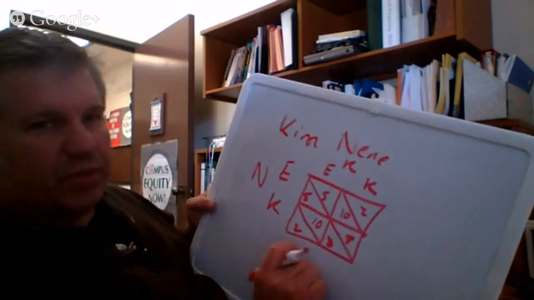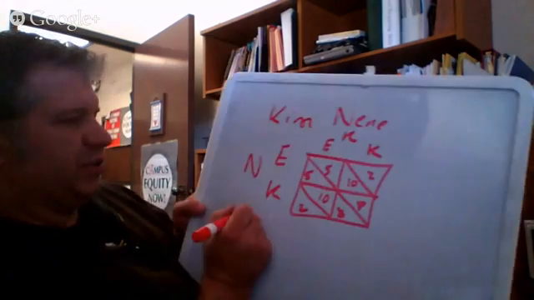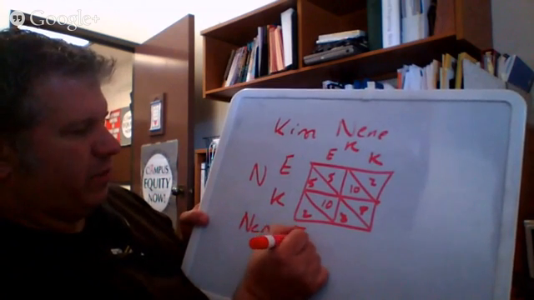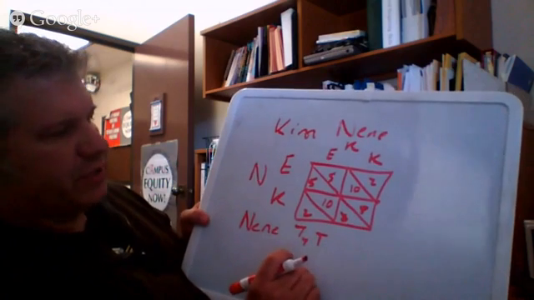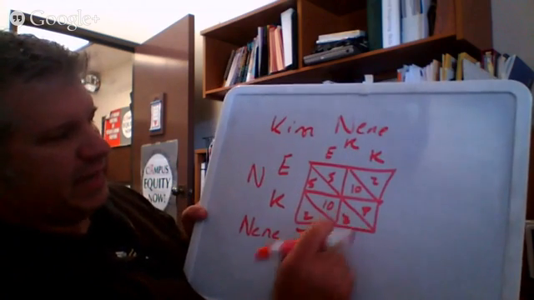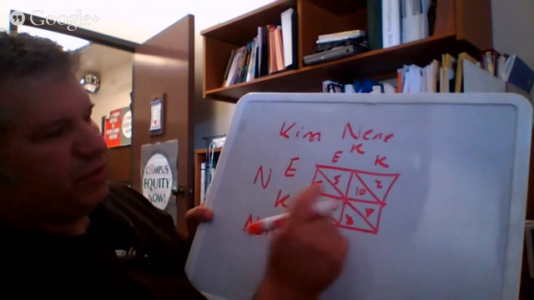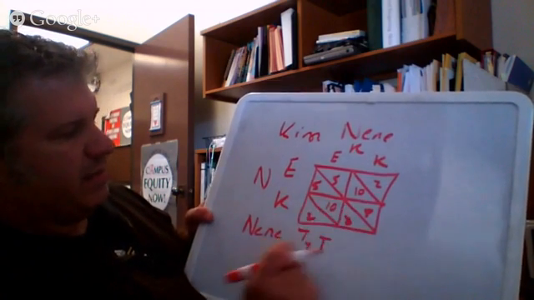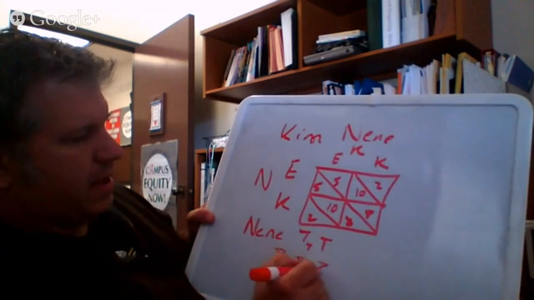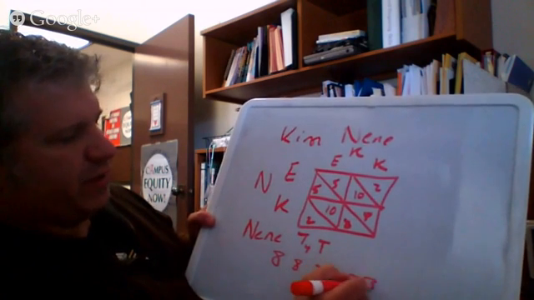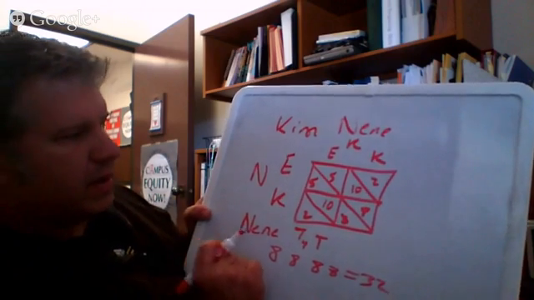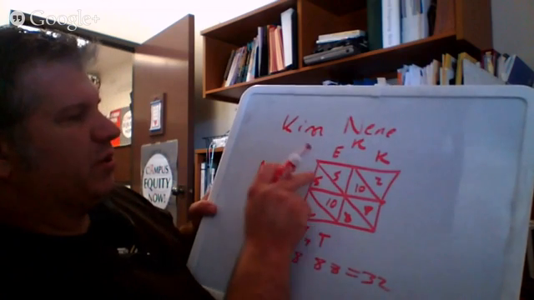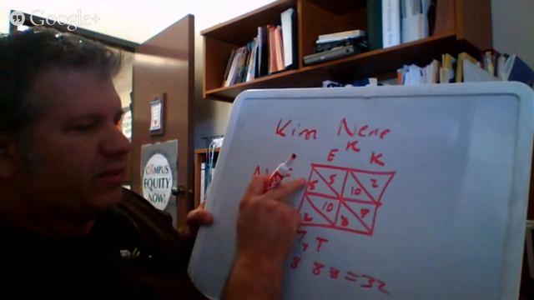And obviously in this game they want to make as much as possible. So the first one is Neen and Kim play tit for tat. That means they start off with the socially desirable outcome, which in this case is 8, 8, and they keep going. And they keep doing what the other person does to them. So we end up with, from Neen's perspective, 8, 8, 8, 8, which is 32 after 4 rounds. On the next one, Neen is doing expose first, and Kim is going to do tit for tat.